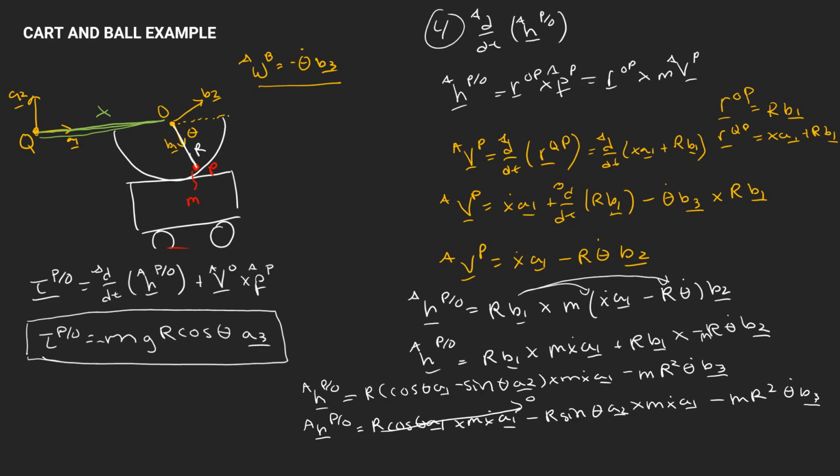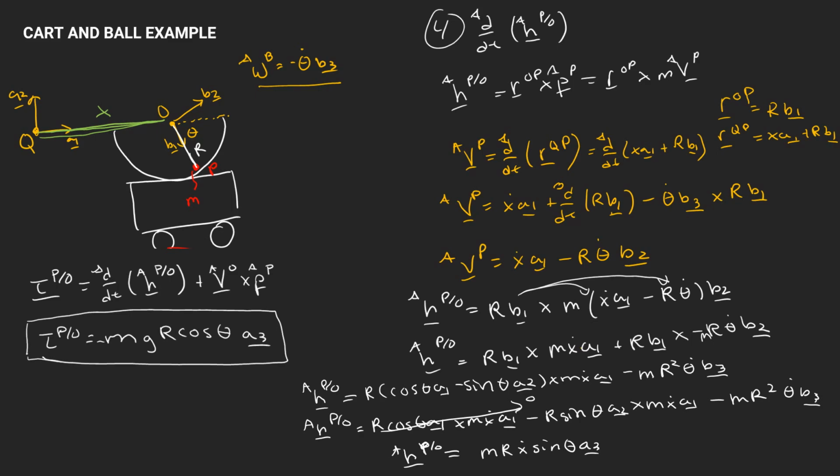And then we can write here the angular momentum is equal to negative m r x dot sine theta, and then we take the cross product between A2 and A1, and that ends up being negative A3, so we're going to write A3, and then we're going to get rid of that negative sign.